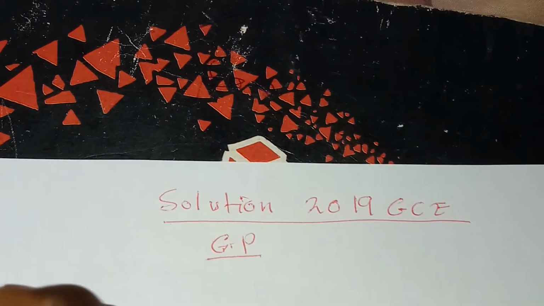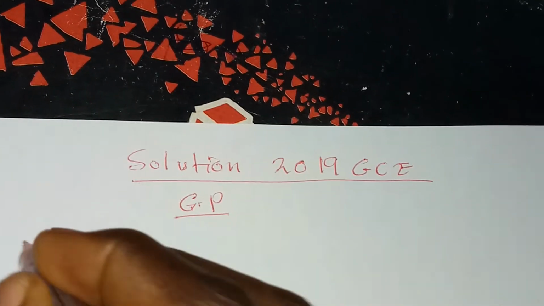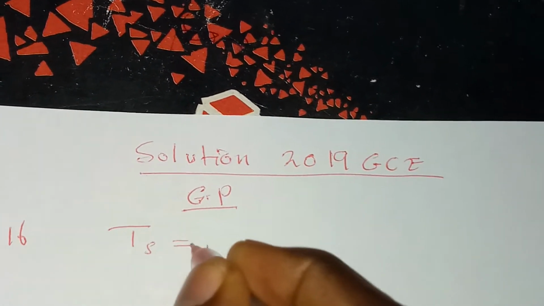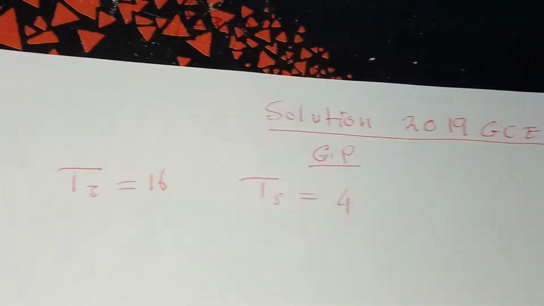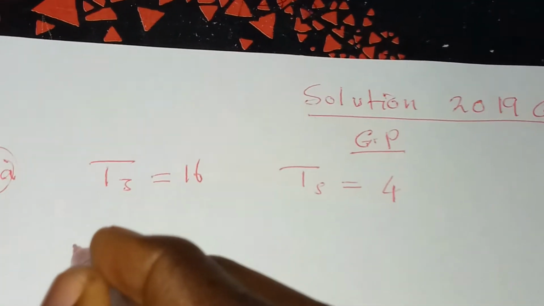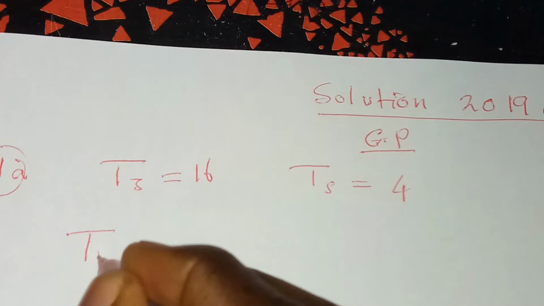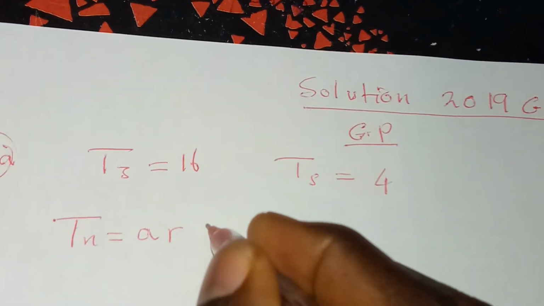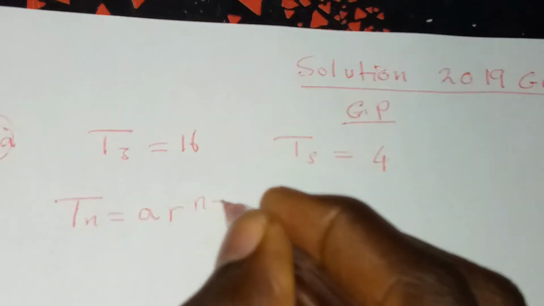So here they are saying the third term is equal to 16 and the fifth term is equal to 4. Now what you need to understand is we'll write the formula which we use when finding the nth term. The nth term is equal to the first term multiplied by the common ratio to the power n minus 1.